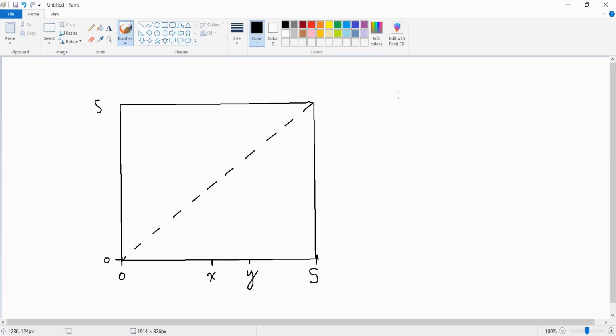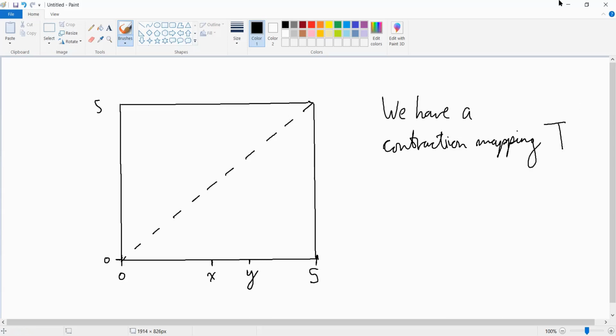Suppose there is a contraction mapping T. What does T do? What we're going to need is T of x.